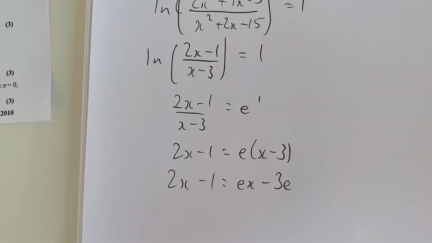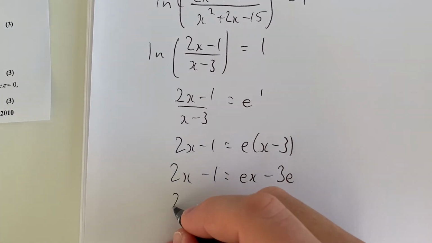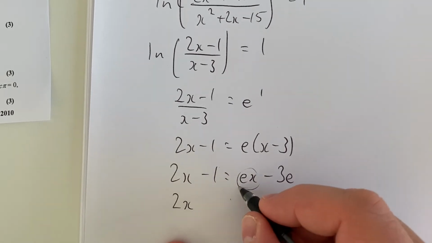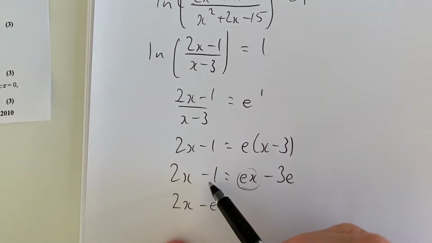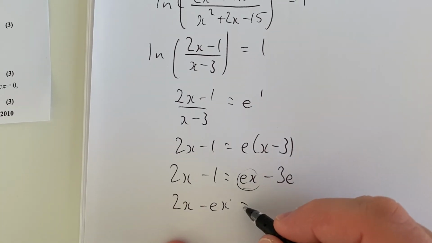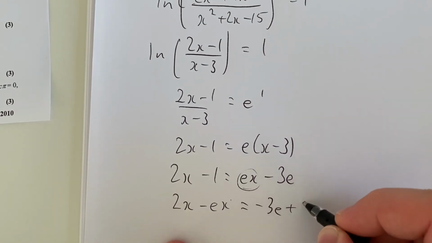Then we can try and get all of the x's on the same side. So I'm going to move the ex to the other side to make negative ex, and minus 1 to this side to make positive 1.